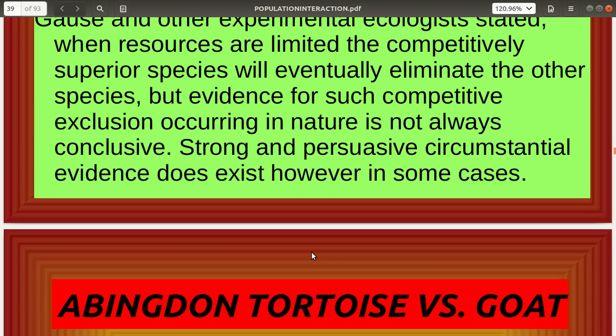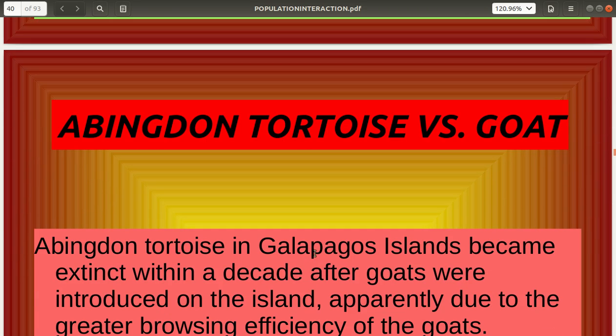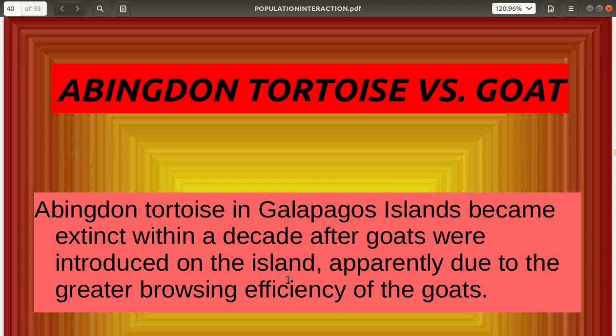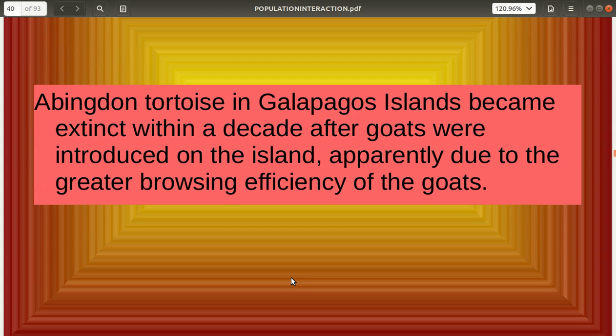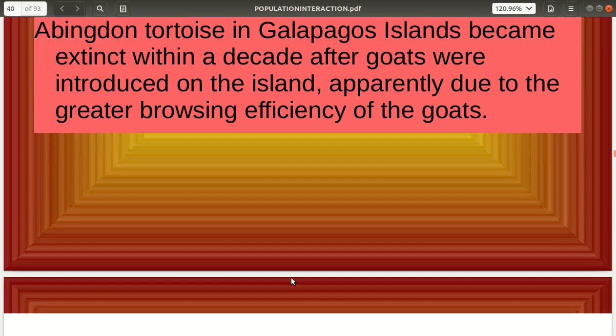You can take up the Gause's principle in the case of the Abingdon tortoise, found in the Galapagos Islands, versus the goat. The Abingdon tortoise became extinct within a decade after goats were introduced on the island. This was apparently due to the greater browsing efficiency of the goats compared to the Abingdon tortoise. So this is an example of a competitively superior species replacing a competitively inferior species, and an example of Gause's competitive exclusion principle.